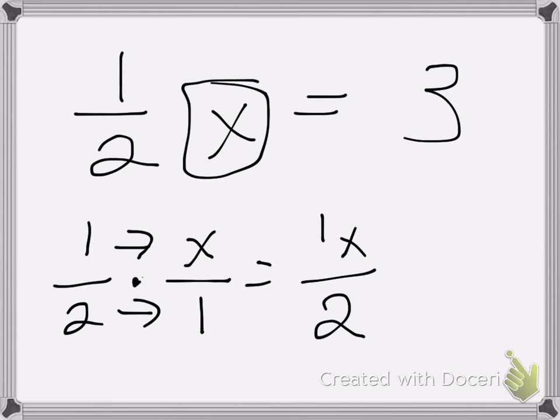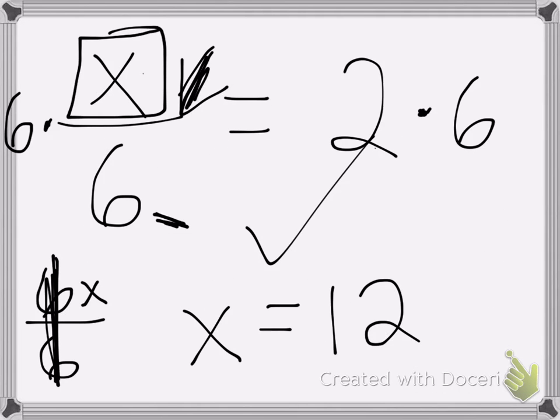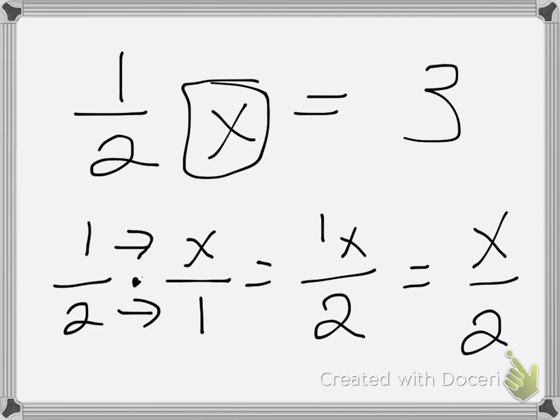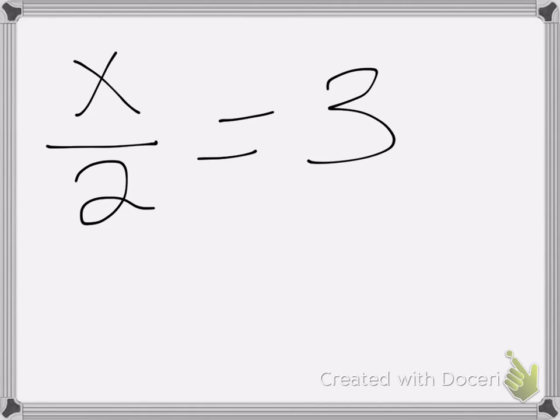Well, 1x over 2 looks like x over 2. And if you look at the last one we just did, x over a number, you know how to do that, because now it looks like this: x over 2 equals 3. And you know how to solve something like that from the second example.